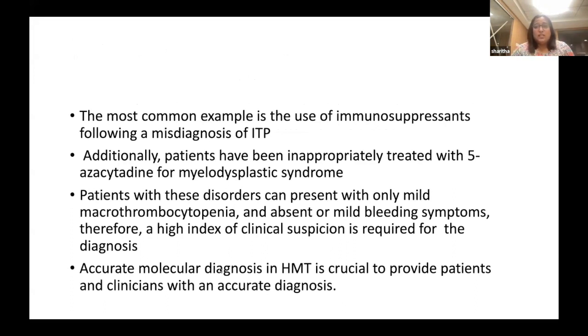It has even been diagnosed as myelodysplasia, since large platelets are present and abnormal platelets are seen on bone marrow as well. These have been treated as myelodysplasia too. So it becomes very important and crucial to provide the patients and the clinicians with an accurate diagnosis.